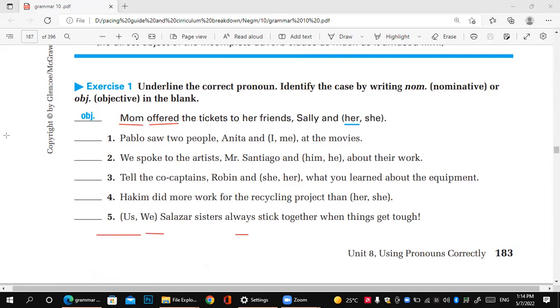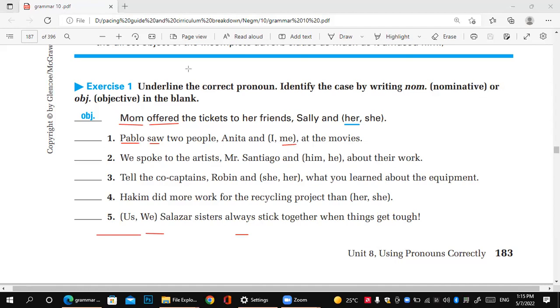Next, Pablo saw two people, Anita and me, at the movies. Pablo is the subject because he is the person who saw. Pablo saw, so subject; then the predicate, the people, Anita and me, is the object.